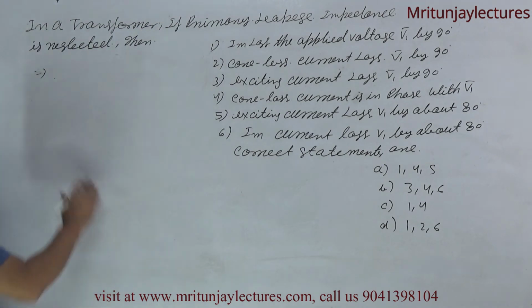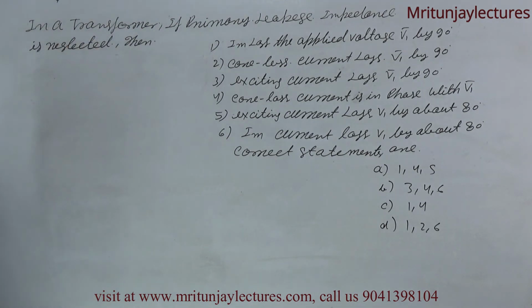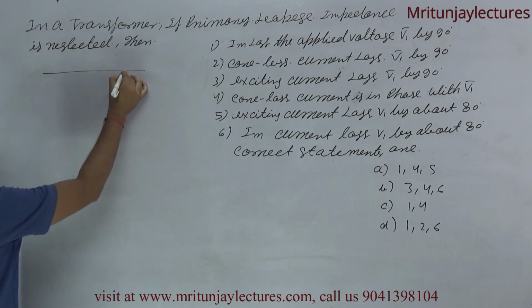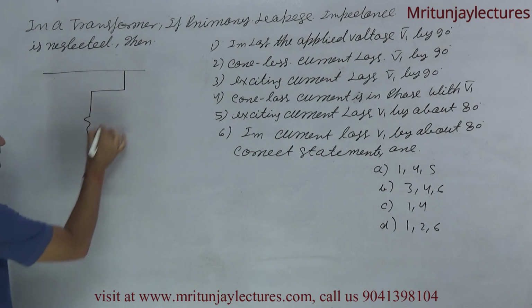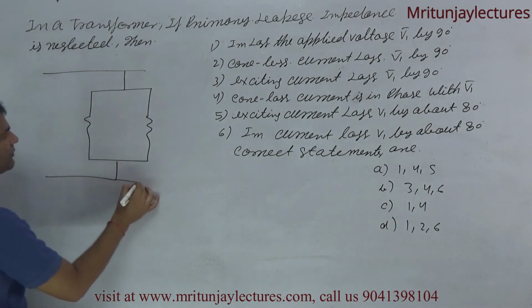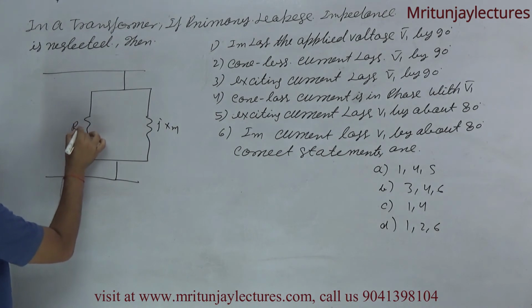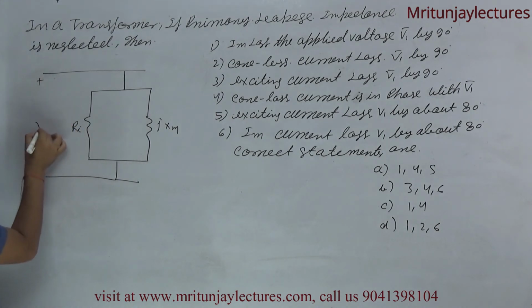First of all, make the circuit corresponding to the question. According to the question, the primary leakage impedance is neglected. It means the circuit looks like this: that is jXm and that is Ri. Apply voltage V1 like this.